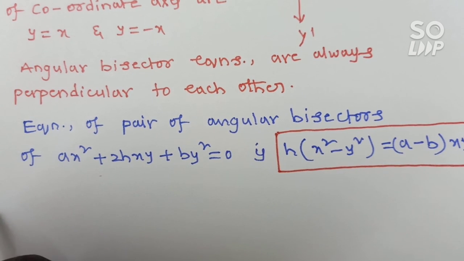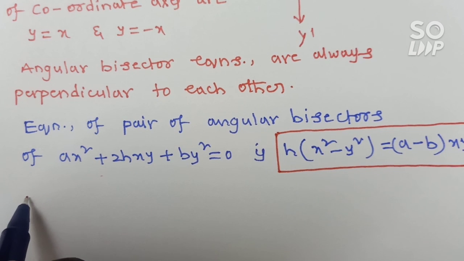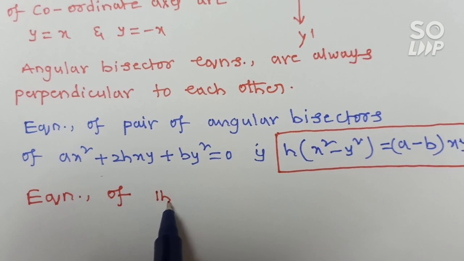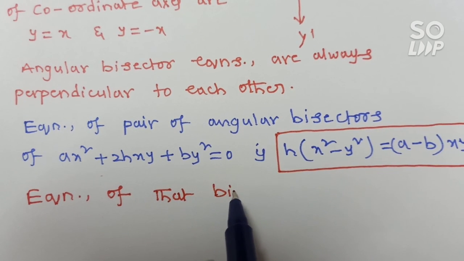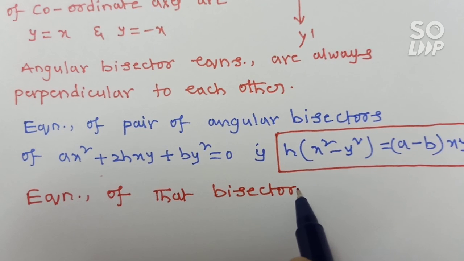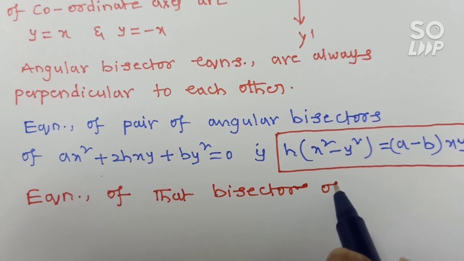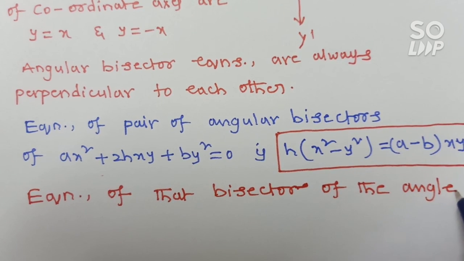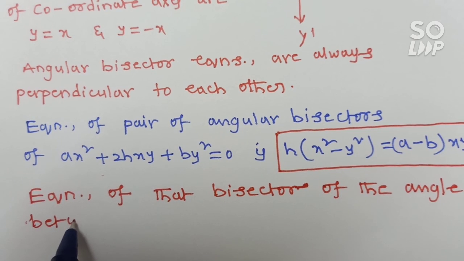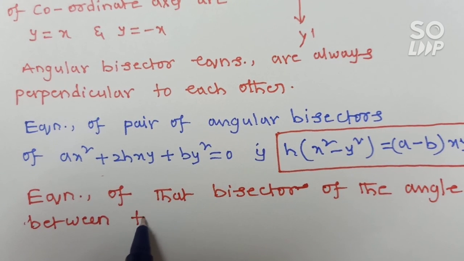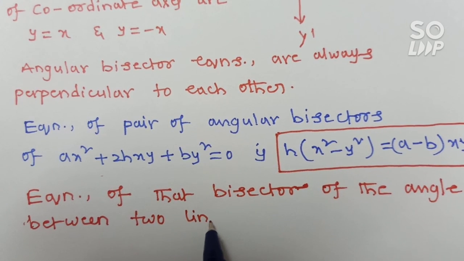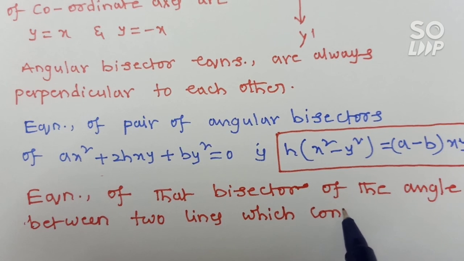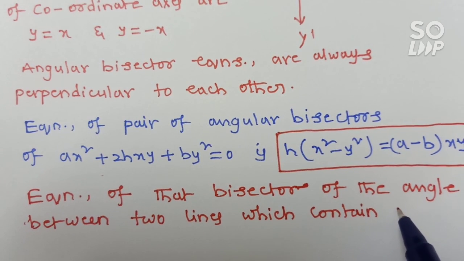See, the next concept is the equation of the bisectors of the angle between two lines which contains a given point.